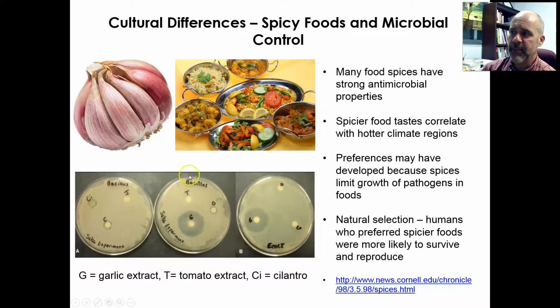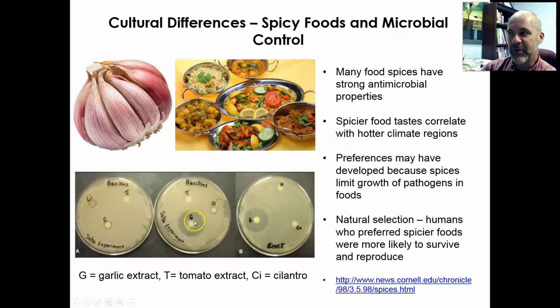And just as an example, there's a petri dish here on a plate, and it has been spread with what we call a lawn of bacteria. So it's supposed to have bacteria growing like one big massive colony across the entire plate. And right there's a little paper disc that was soaked in garlic juice.